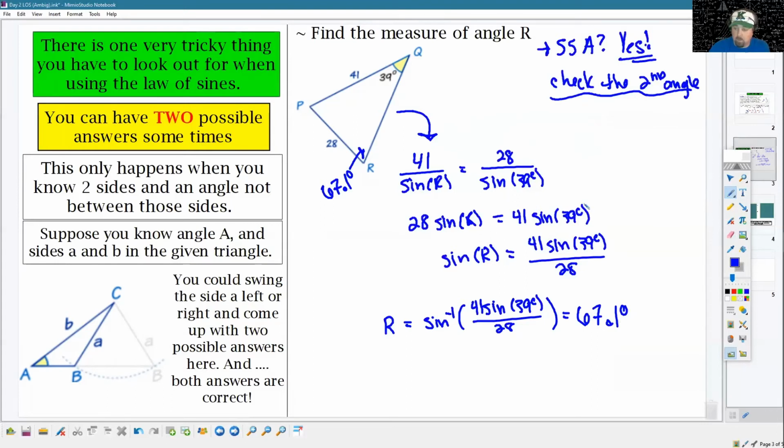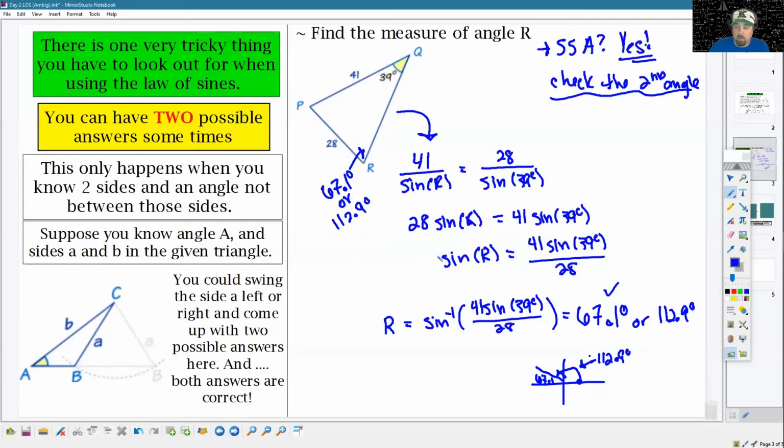But what we talked about before is that there's another angle this could be, with a reference angle of that 67.1, meaning the actual angle of rotation is 180 minus 67.1, which is 112.9. So the other one that'll give us this answer is 112.9 degrees. Let's write that there. This first one's always going to fit in our triangle. This is the one we need to check. This could also be 112.9.